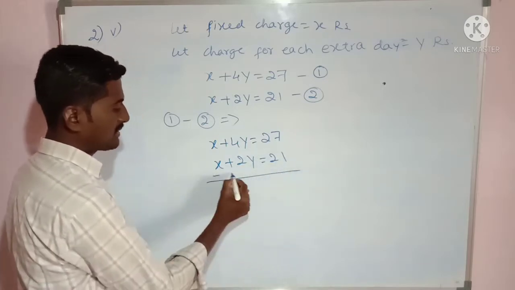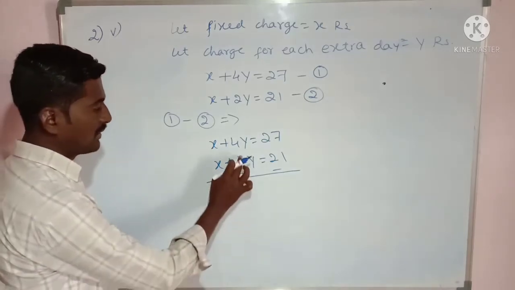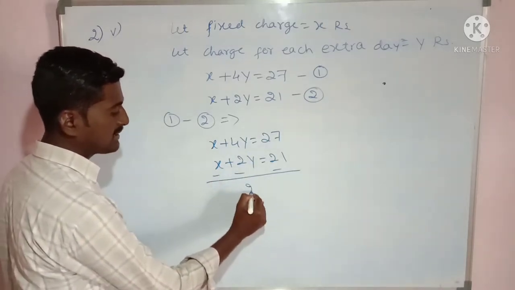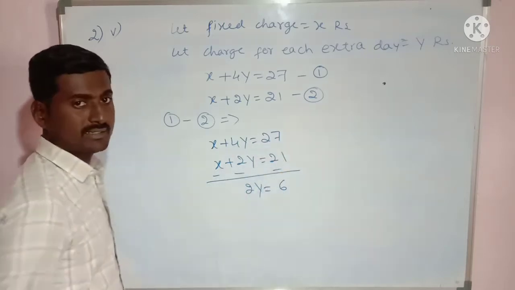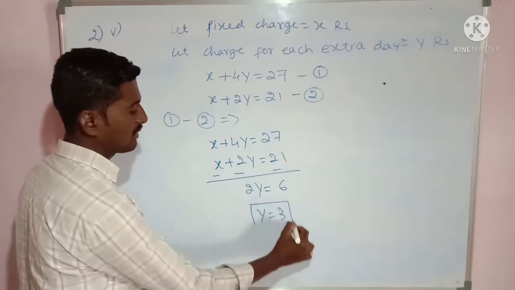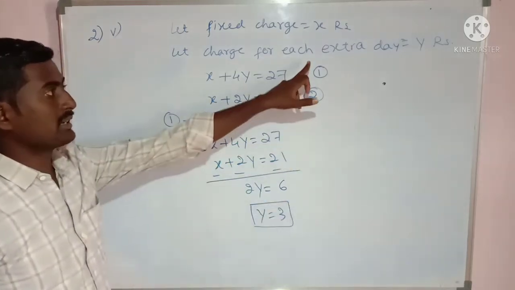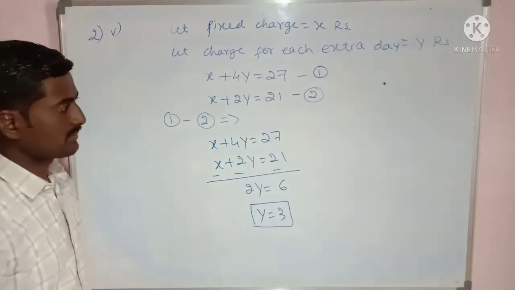The x terms cancel. 4y minus 2y is 2y, and 27 minus 21 is 6. So y is 6 divided by 2, that is 3. So y, the charge for each extra day, is 3 rupees.